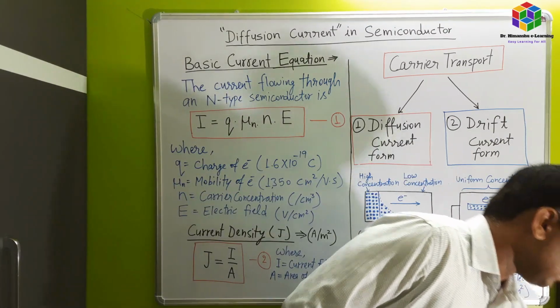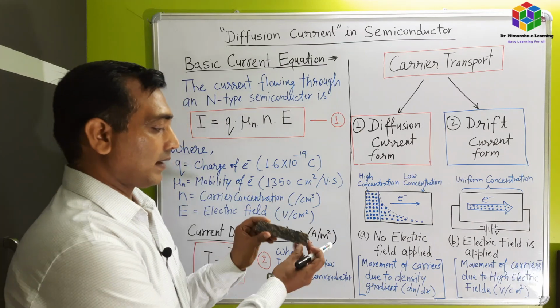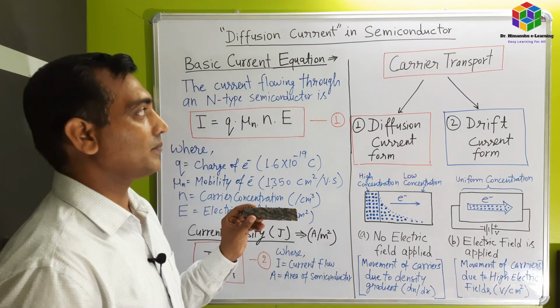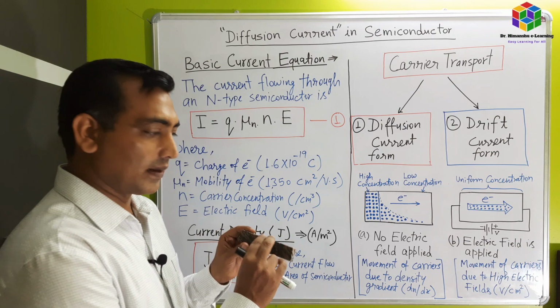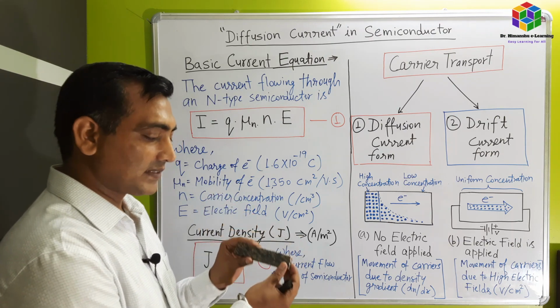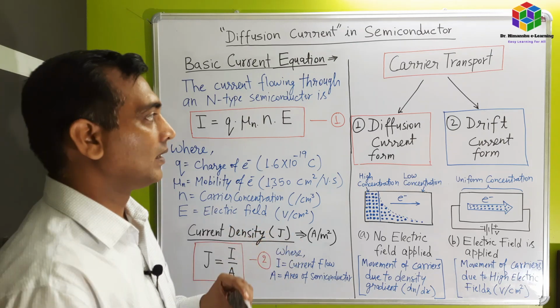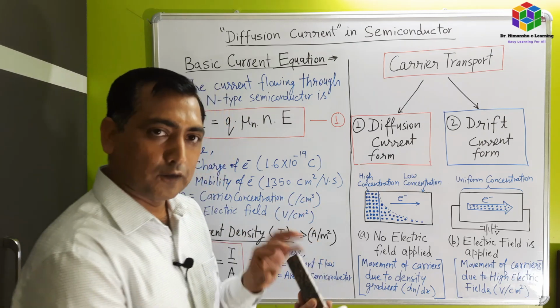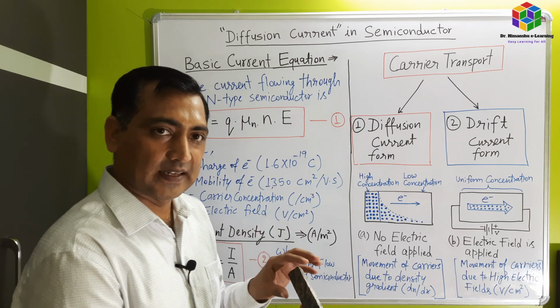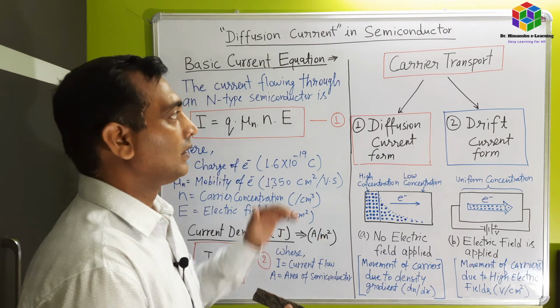Now I will take an example of a semiconductor. Let us consider this is a piece of semiconductor. In this semiconductor we have electrons as well as holes. Let us consider this is a piece of n-type semiconductor. So how will the diffusion phenomena take place and how will the diffusion current flow through this semiconductor?